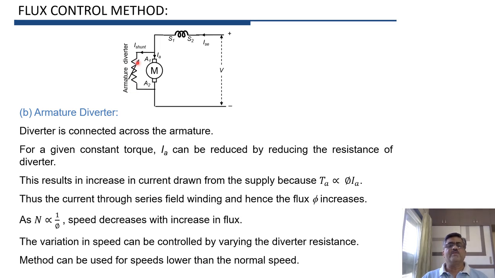Because when this diverter resistance is infinite, the current through the diverter resistance, I shunt, is equal to 0. Then in that case, the motor will operate at maximum rated speed. Now, if the diverter resistance is reduced, the speed of the motor will also reduce, and therefore only speeds below normal can be obtained.